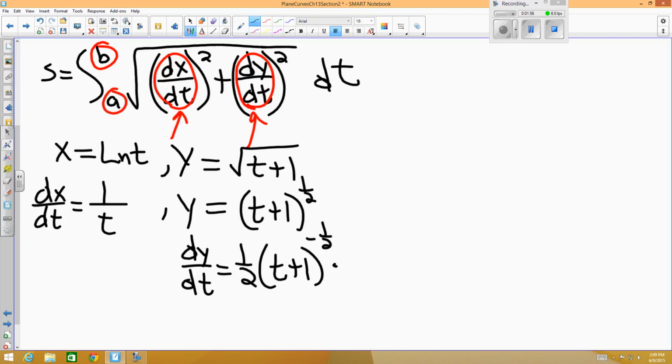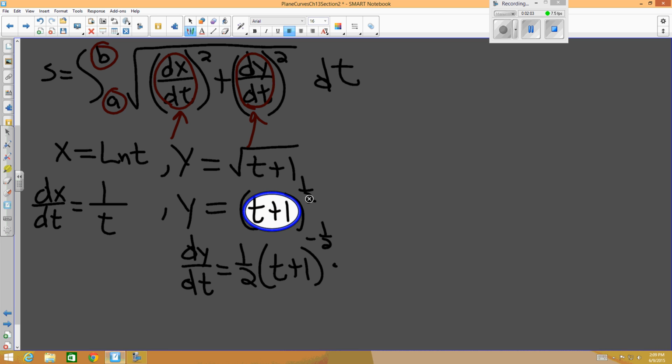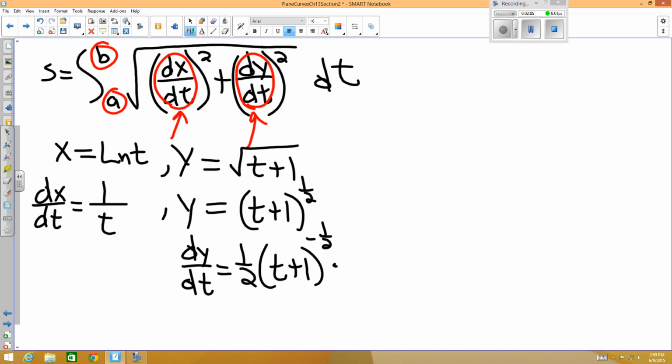Well, in this case, the inside is the t plus 1. The derivative of t plus 1 is just 1, so really we're just going to multiply by 1, which is not absolutely necessary, but we write it just for clarity.